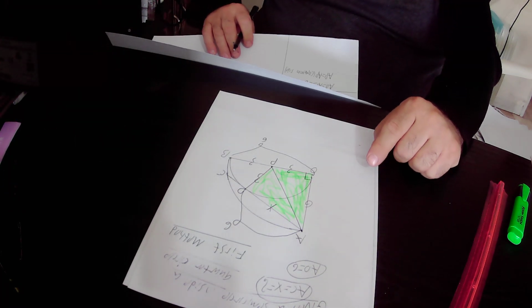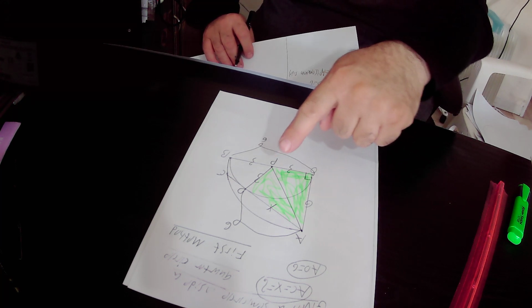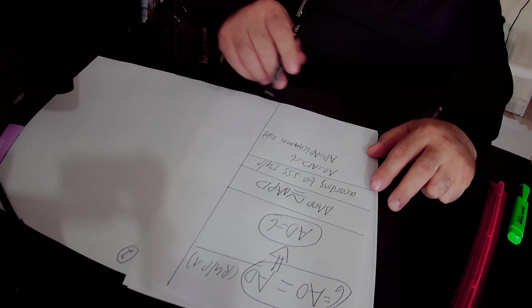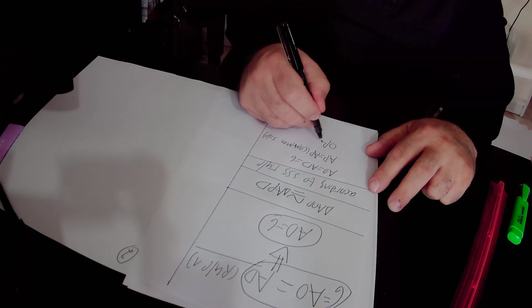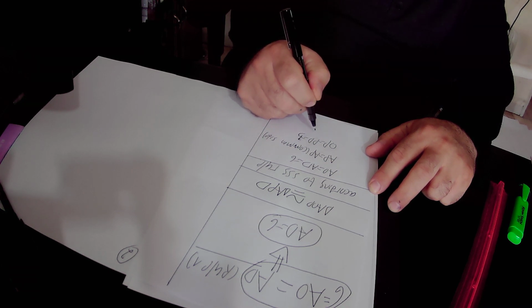And finally, OP equals PD equals 3 units. It is the radius of the semicircle. That's the radius of the semicircle.